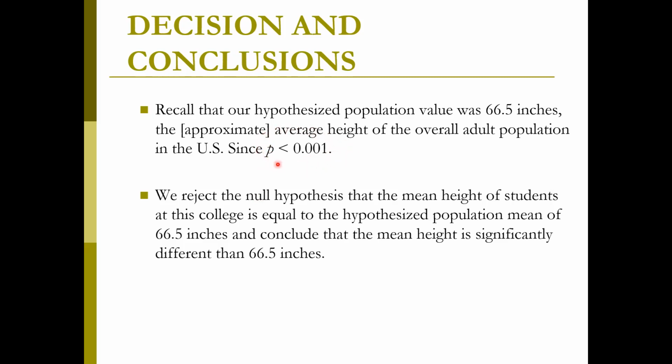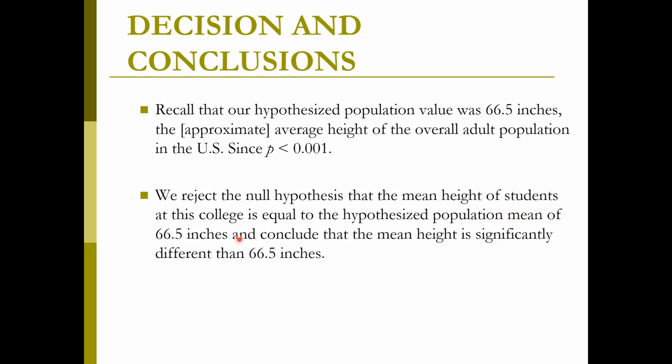Remember, the yardstick for the p-value is 5%, that is 0.05. If it is greater than 0.05, we would not have rejected. But this is less than 0.05, the p-value. So we reject the null hypothesis that the mean height of the students at the college is equal to the hypothesized population mean of 66.5 inches.